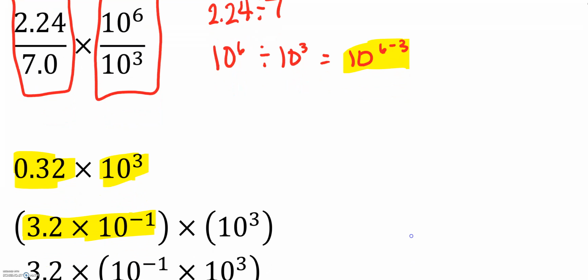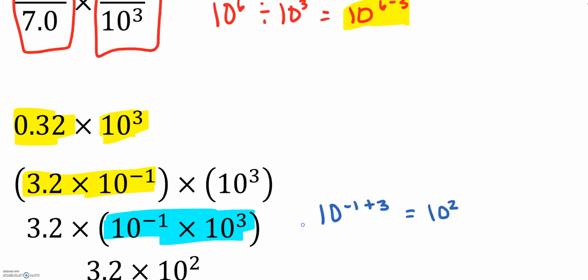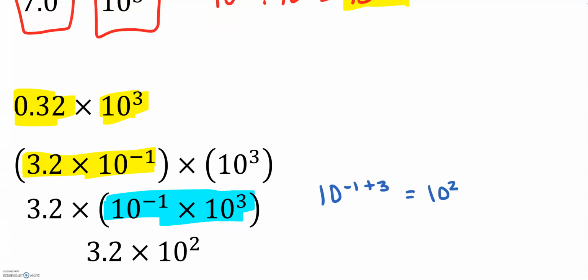Now I need to multiply my same bases, so I use my associative property here. And when I do that, I end up adding my exponents, negative 1 plus positive 3, which gives me 10 squared. So my final answer is 3.2 times 10 squared.